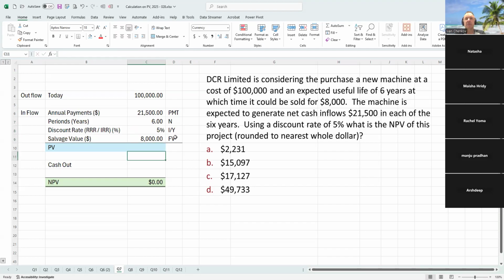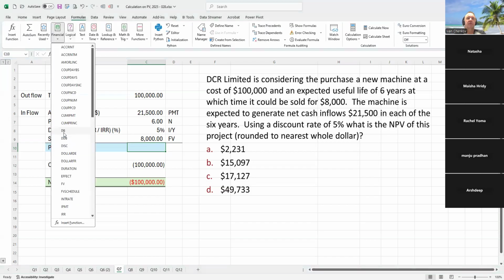So now the question is, whatever we get here, is it going to be enough to cover this amount? We know our cash outflow is definitely negative, $100,000. We have to pay those $100,000. Now the question is, is this present value going to be higher than 100,000 or less? If it's exactly $100,000, that means there's no inflation and no return. Correct? Correct.